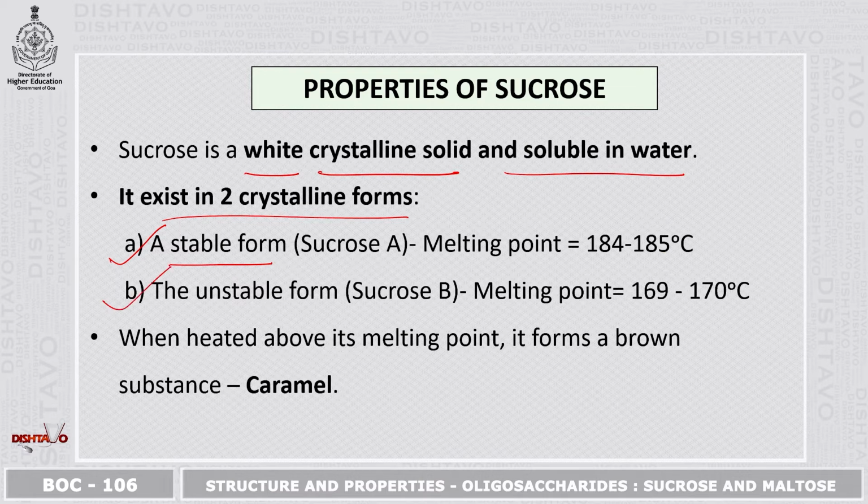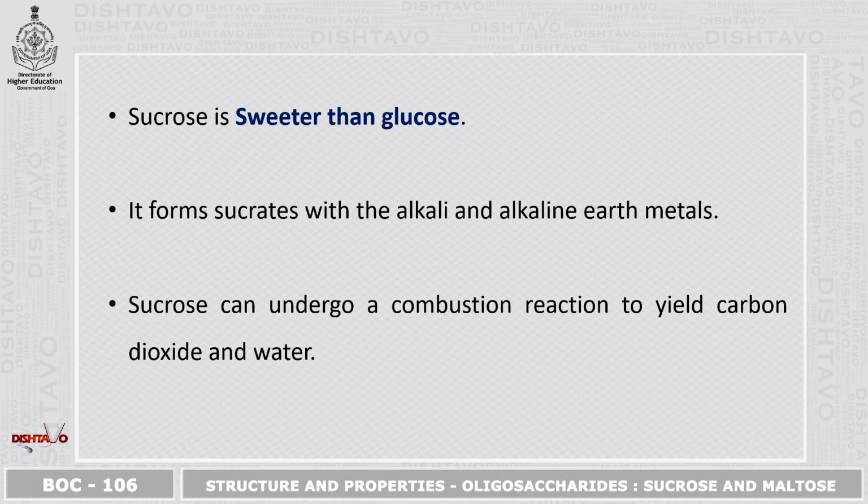The second crystalline form of sucrose is the unstable form. It is referred to as sucrose B, and its melting point is 168 to 170 degrees centigrade. When heated above its melting point, it forms a brown substance referred to as caramel. Sucrose is sweeter than glucose.